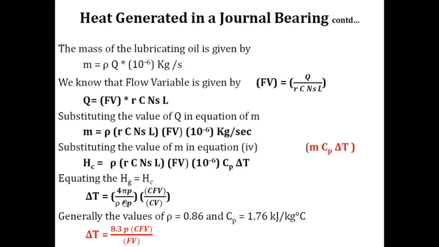Generally this value of specific gravity is taken as 0.86, and that of Cp is taken as 1.76 kilojoule per kg. So here you can directly remember this equation. The temperature rise, or the temperature difference of the lubricating oil, is given by the equation 8.3 P, where P is the bearing pressure, into Cf3 upon Ft.